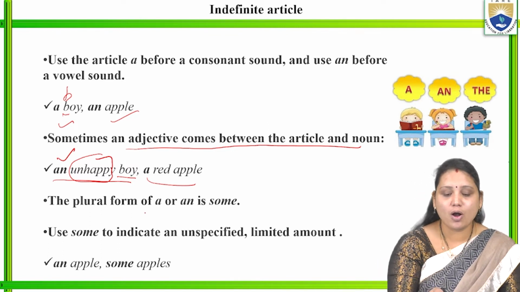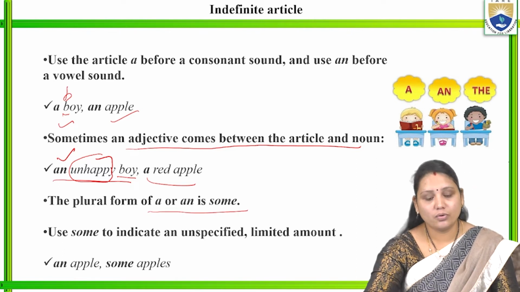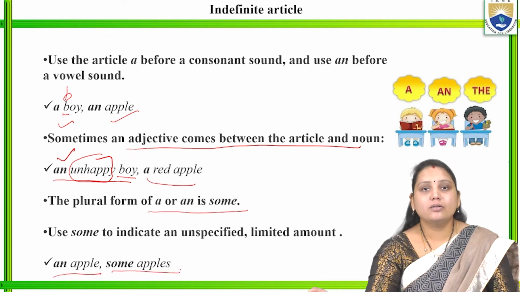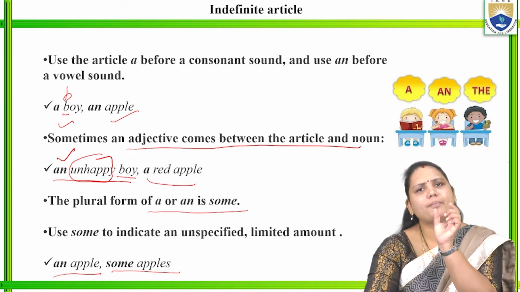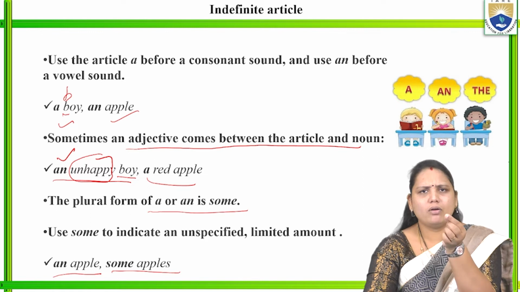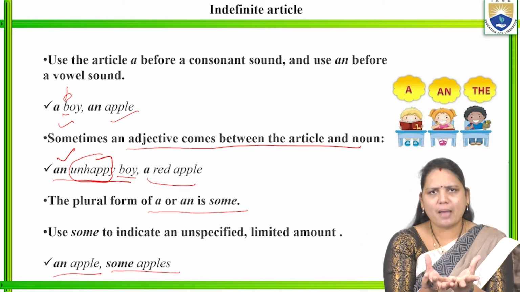Next, the plural form of a or an is some. Now, an apple, some apples. Okay, what is the plural form of a or an? Some apples. A is one, and some may be one or two, because there are many apples. So, I want some apples.